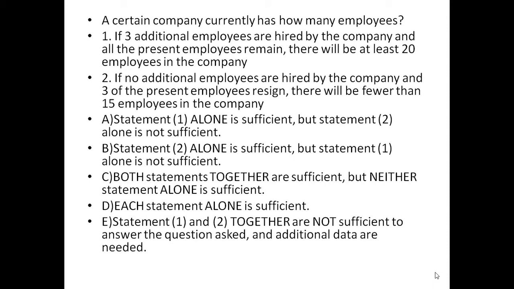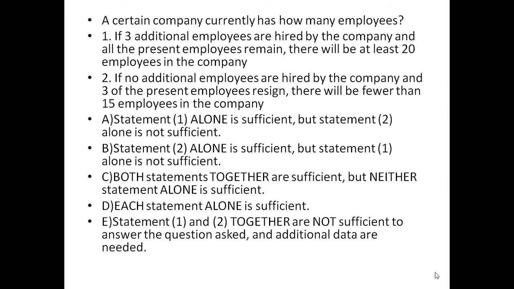All we would know is if we send away 3 people, there would be fewer than 15 employees in the company, and if we hire 3 more people to the existing number of employees, there would be at least 20 employees, so something more than or equal to 20.